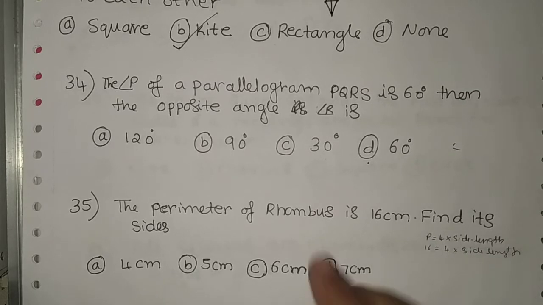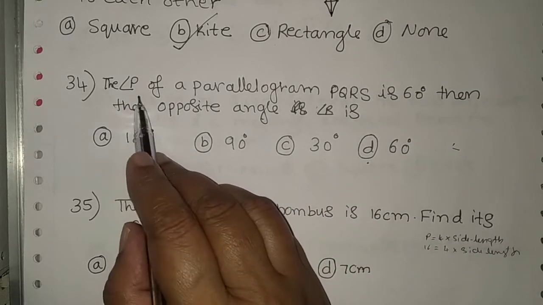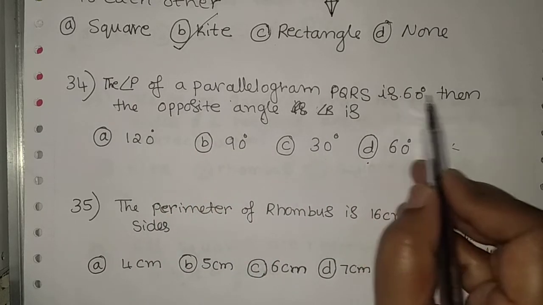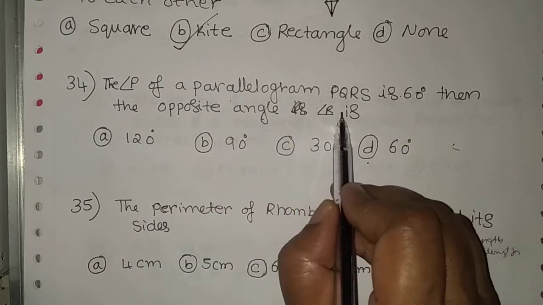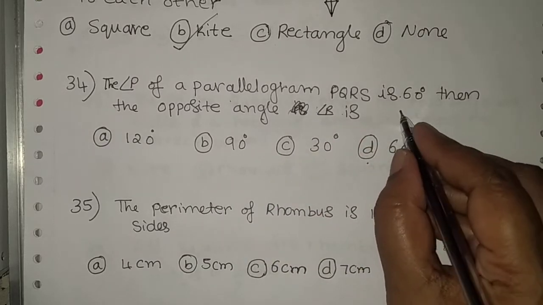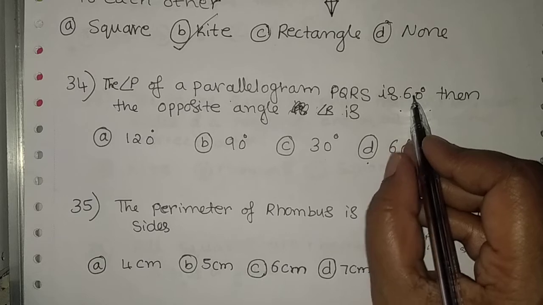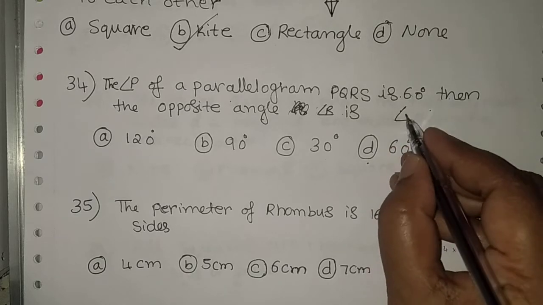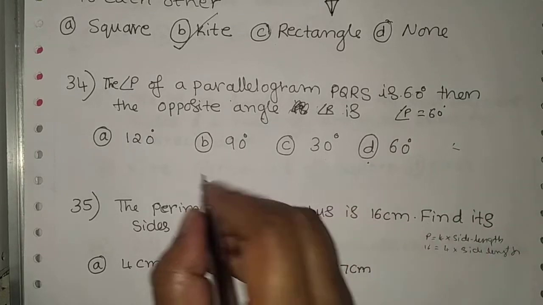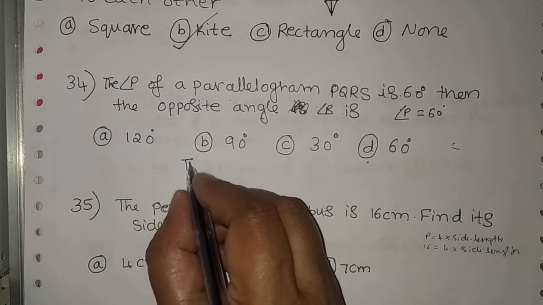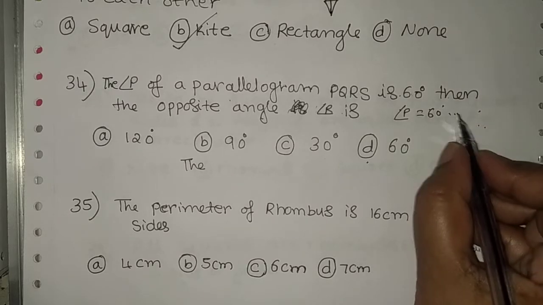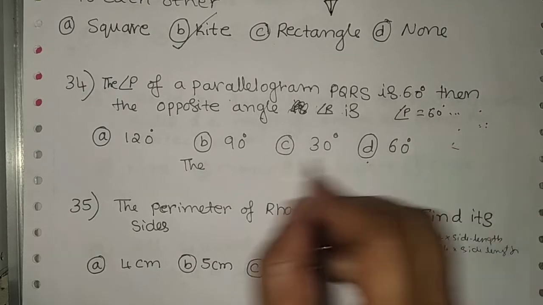So next one is the 34th. The angle P of a parallelogram PQRS is 60 degrees. Then the opposite angle R is? So a parallelogram PQRS is given, and angle P is given as 60 degrees. So what is the other angle? In the parallelogram PQRS, P and R will be opposite.